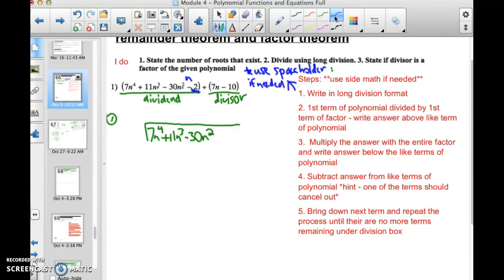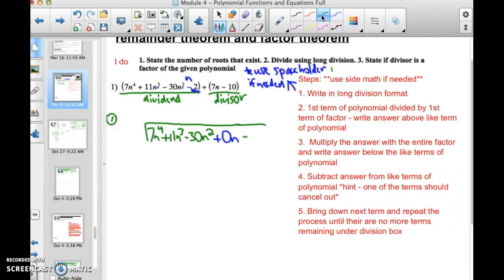And again, you need a space holder if it skips over a power, because that piece is missing, and that will mess up the alignment of this process. So I'm going to always put plus, because it's just going to be a 0, so 0n. It's 0 because it doesn't exist, but I still need to write it there for organization.